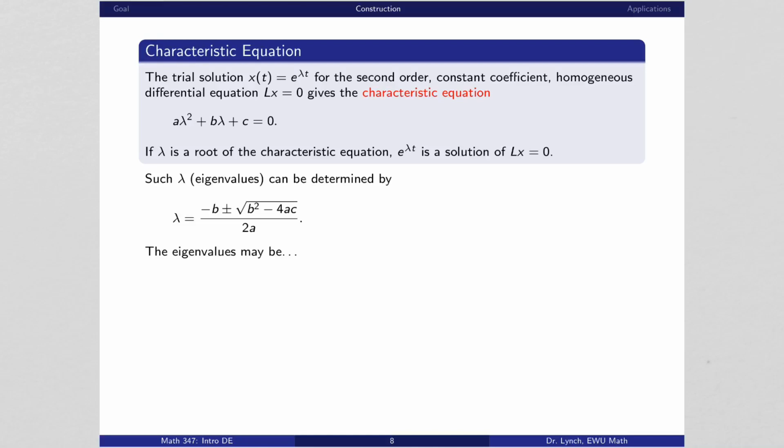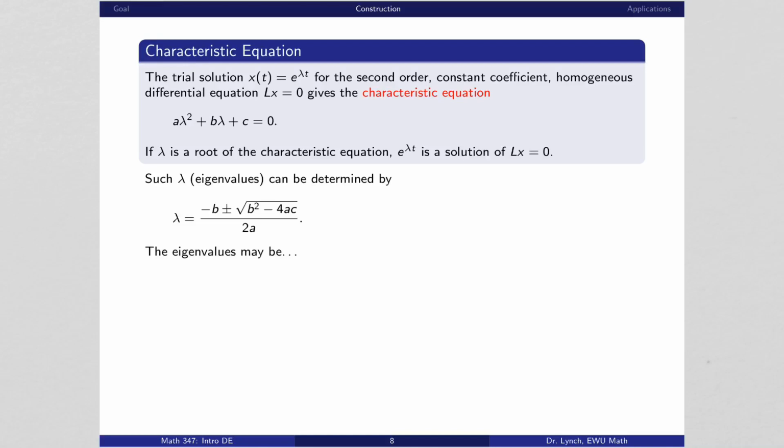Okay, so this trial solution e to the lambda t of the second order constant coefficient homogeneous differential equation gives rise to the characteristic equation, which in this case is a quadratic, a lambda squared plus b lambda plus c equals 0. So if lambda is a root of the characteristic equation, then e to the lambda t is a solution of Lx equals 0.